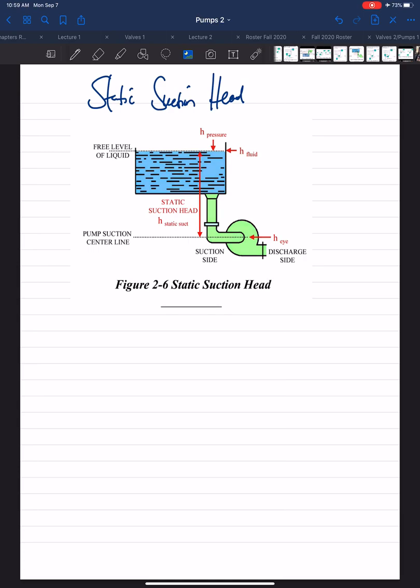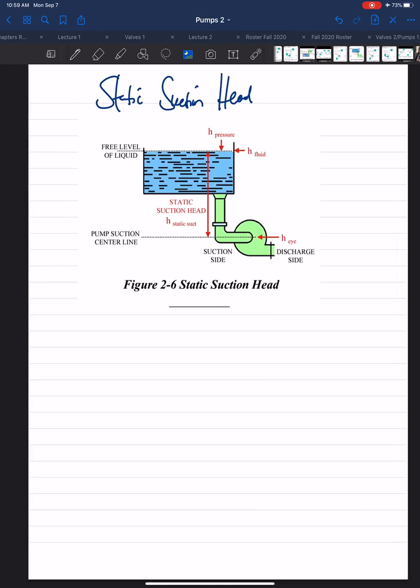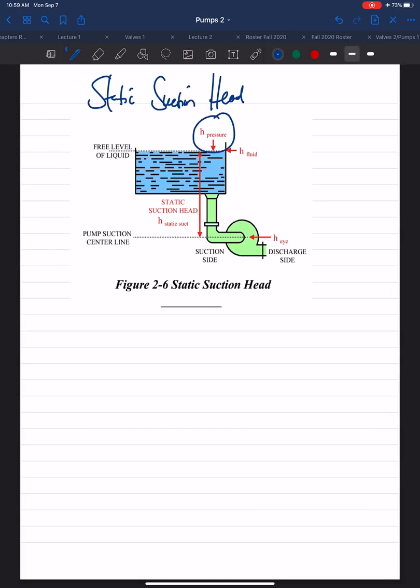So static suction head. Once again, we know this H pressure is the pressure exerted on the fluid surface, in this case open system, atmospheric pressure, which we take as 33.9.